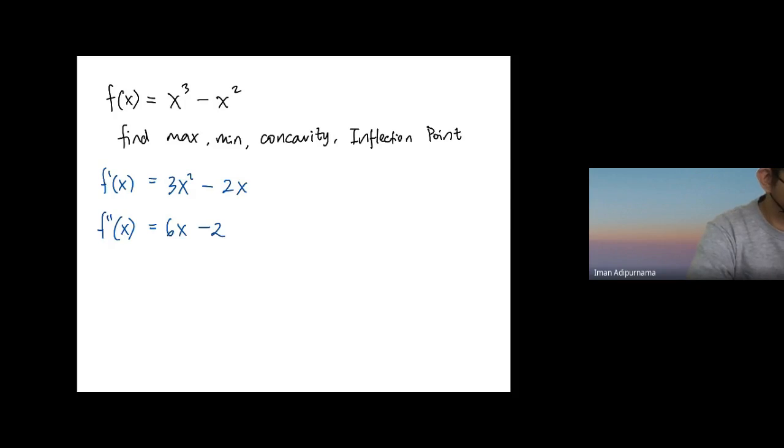Now we can find from here the critical numbers. You need to set it equal to 0. So you will get x(3x minus 2), and you will get one x is 0, and the other one is x equal 2/3.